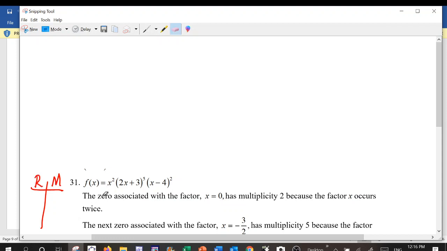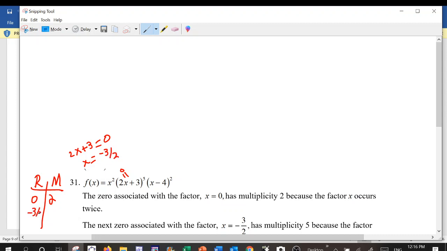Now, what is the root for x squared? It is 0, right? So we have a root of 0, and the multiplicity is 2. And what is the root for this? Well, we have to set it equal to 0. So the root would be negative 3 over 2, right?